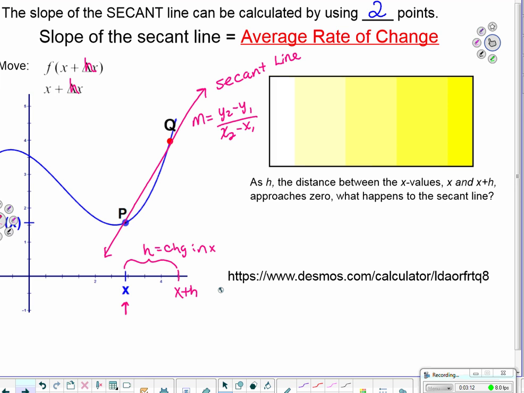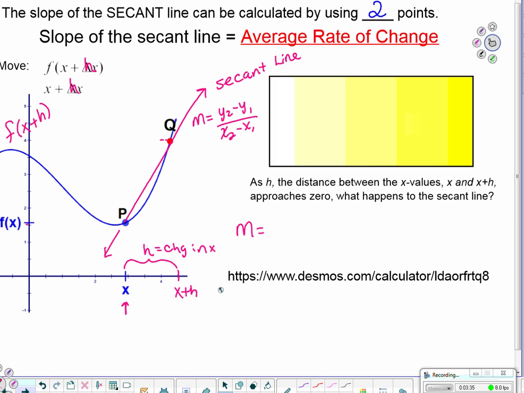We also have P. P is sitting at a height of f of x. And Q, well, Q would sit at a height of f evaluated at x plus h. Put in our x value, get out the y value, right? And that'd be great. I could calculate out my slope on this.